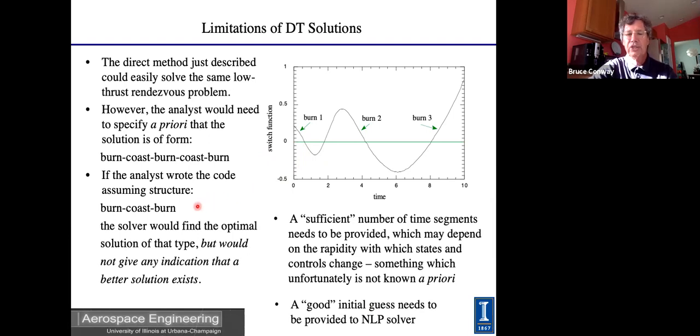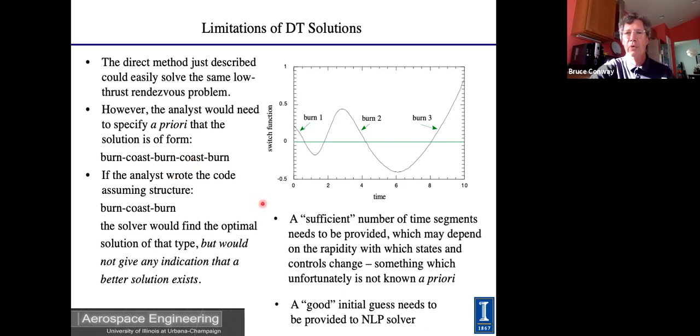If you think that it's just going to be a burn, coast, burn, kind of like a low thrust Hohmann transfer, well, the solver would give you that. It would give you the optimal solution that has a burn, coast, burn structure, but it wouldn't give you any information that tells you you can do better if you add another burn and another coast. So you get what you asked for, which is a little bit of a problem.